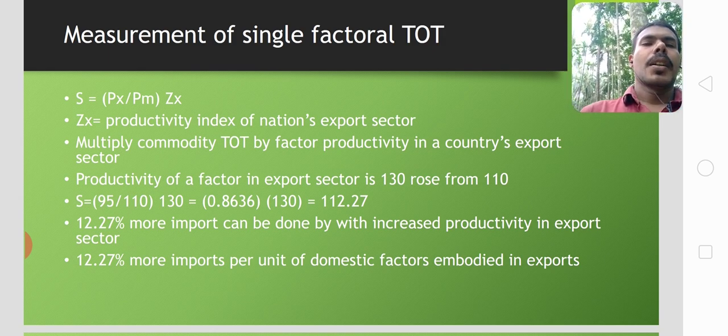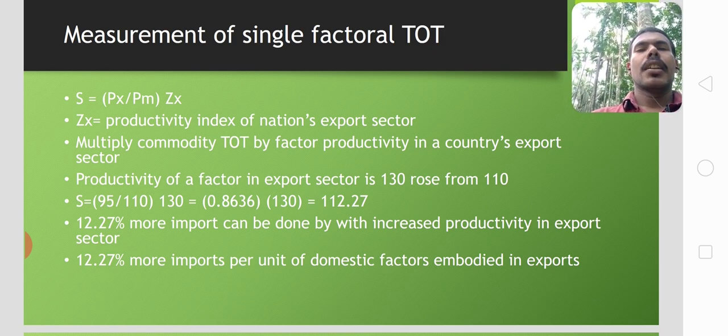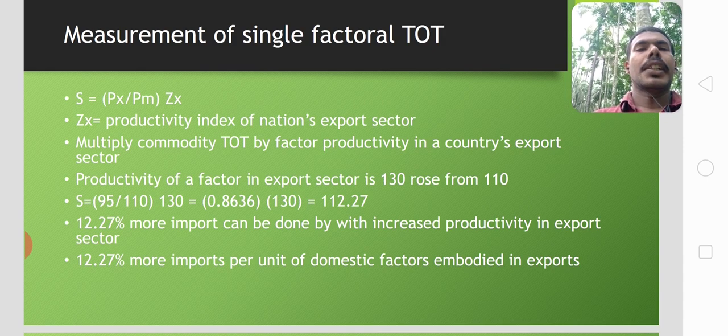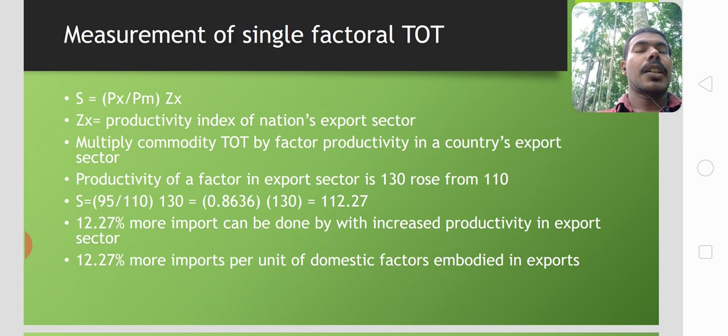Suppose factor productivity rose from 110 to 130. Let us look at an example. S is equal to 95 by 110 into 130. Its value is 0.8636 into 130. Then the final single factorial terms of trade is 112.27. This is more than 100.